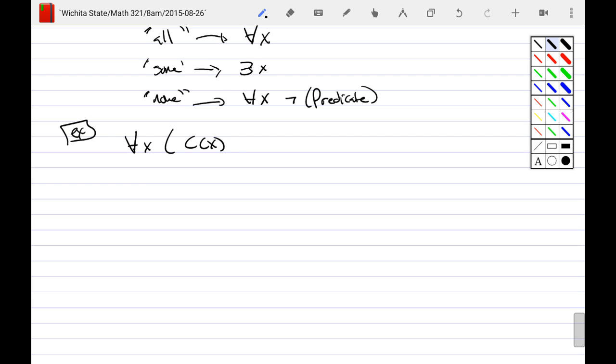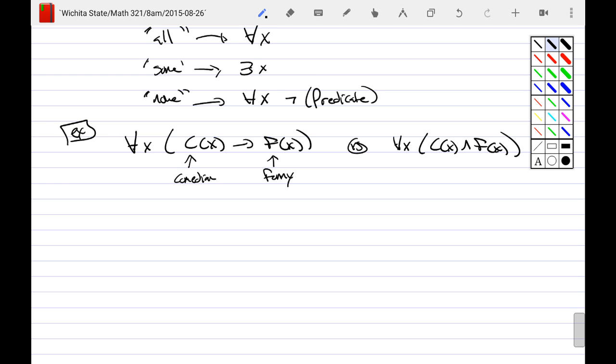They use C of x implies F of x, where C is comedian and F is funny. That's the predicate. Versus for all x, C of x and F of x.